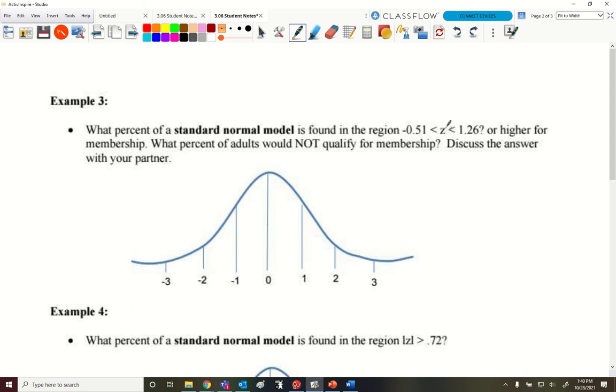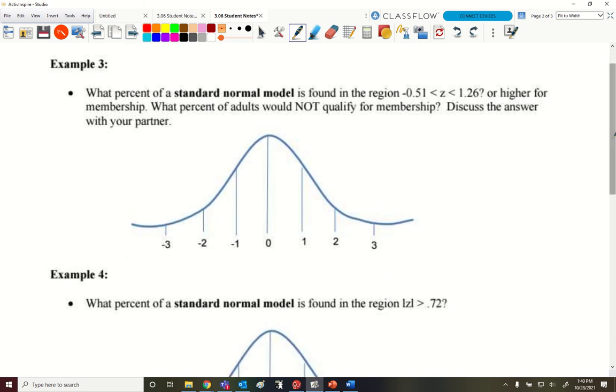Next one, example 3. Now, example 3 is slightly different because the notation is slightly different, as this is referring to an interval. So in my bound, z is between these two numbers. So the lower is negative 0.51, and that's less than z, which is less than 1.26.